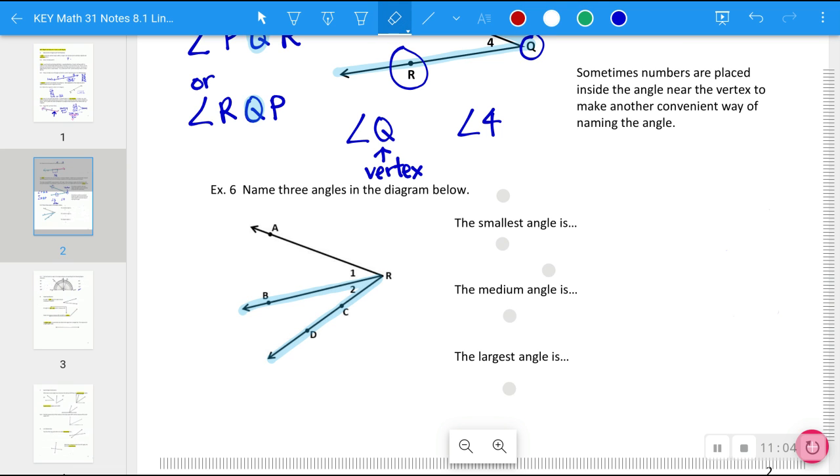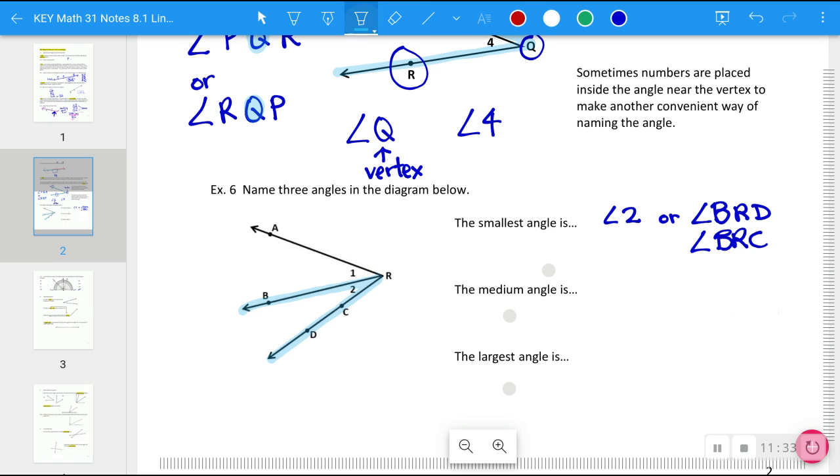Okay, you could name it angle 2, probably the most convenient way. Or you can name it using 3 letters as long as you use R for the middle letter. And the other 2 letters that you use come one from each arm. So BRD or BRC. And you could even turn those letters around. For instance, BRC could be CRB.